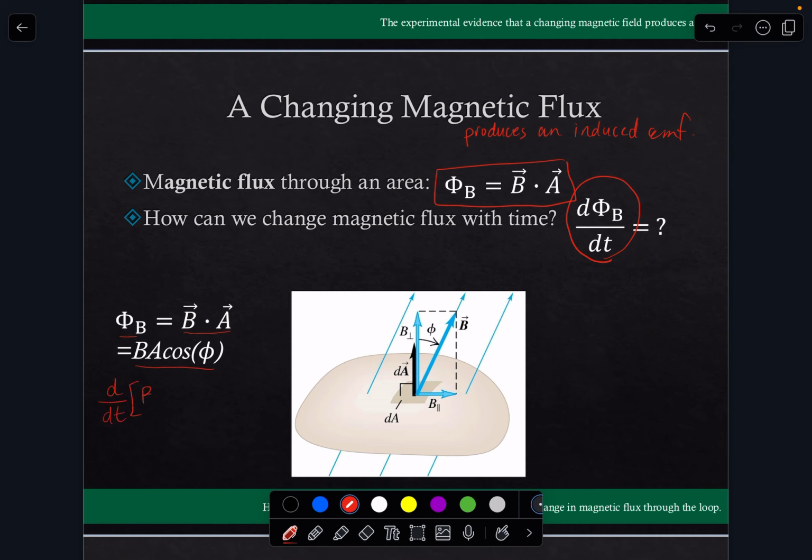We could change B with respect to time, we could change the area with respect to time, or we could change the angle between B and A with respect to time. If any of those change with respect to time, we will get an induced EMF, okay? So what is causing this current and this voltage to appear out of thin air, if you will, is a changing magnetic flux. So a dΦ_B/dt.